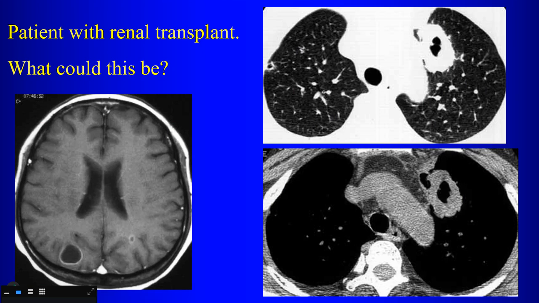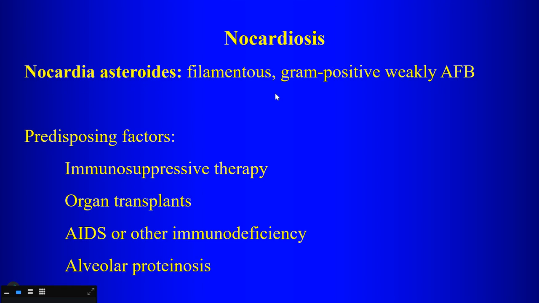But here we're talking about unusual infections, and I'm giving you the history of renal transplant. So renal transplant with pulmonary infection and brain abscess. Nocardiosis. Right, so predisposing factors: immunosuppressive therapy, organ transplants, AIDS or other immunodeficiency.